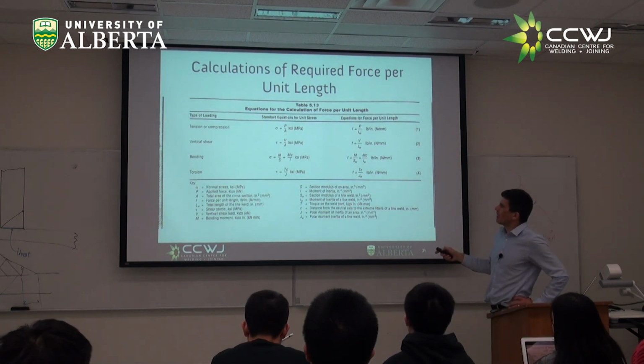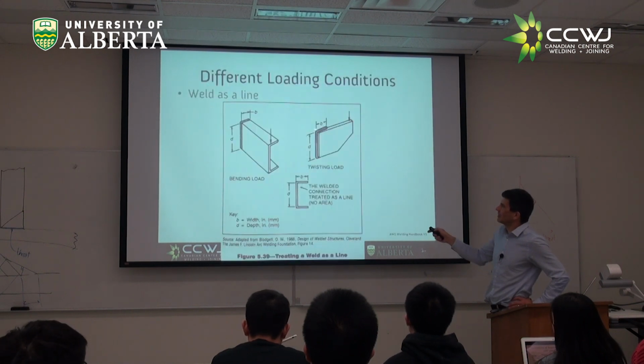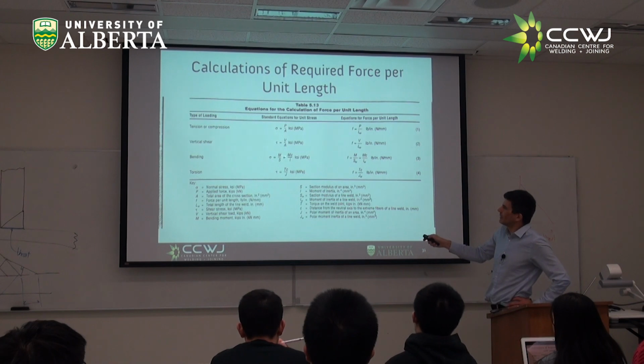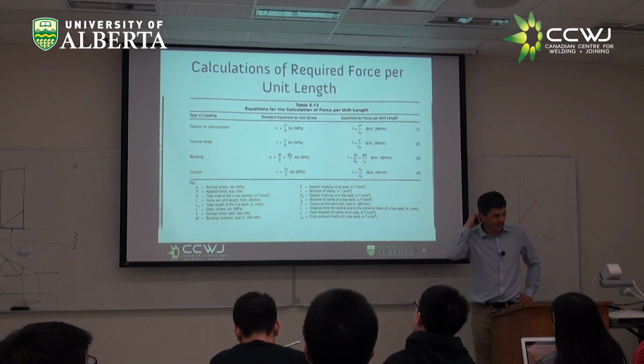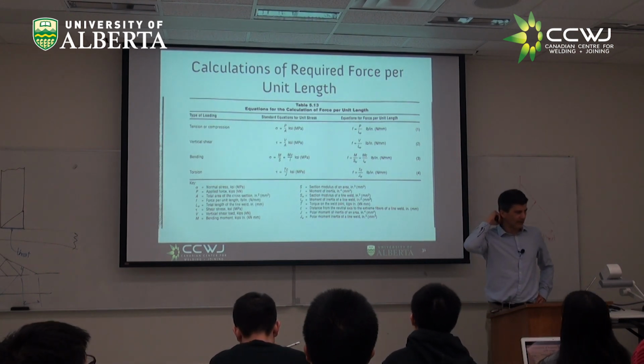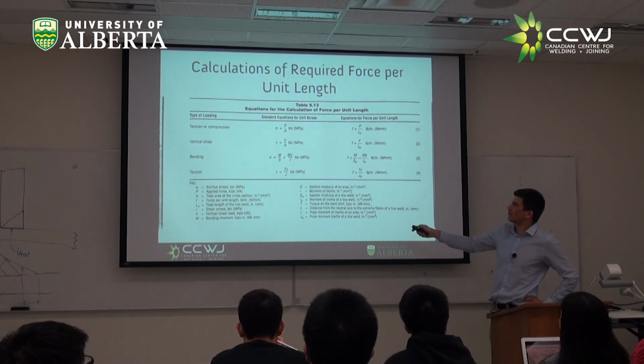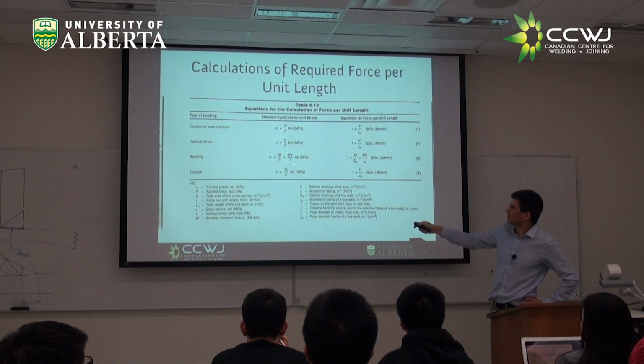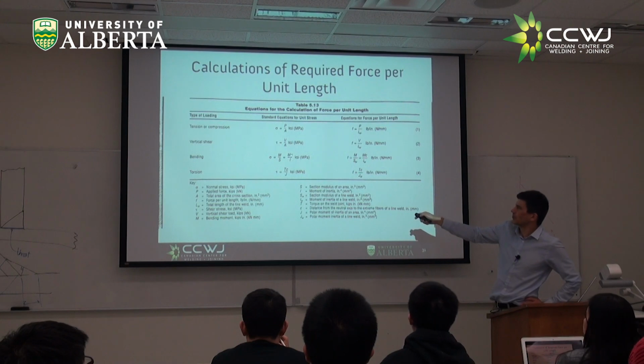So imagine now you have bending, which is the case here, or the case here. When you did the 60 to 70, did you calculate stress for bending? Okay. This is a formula you know. This is moment over the section modulus, or moment over moment of inertia times the distance from the neutral axis.